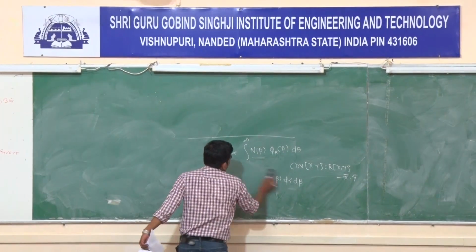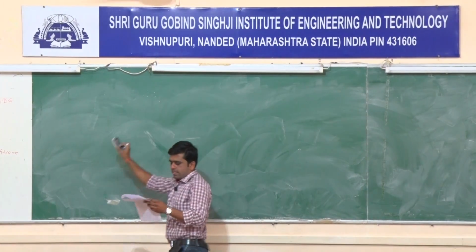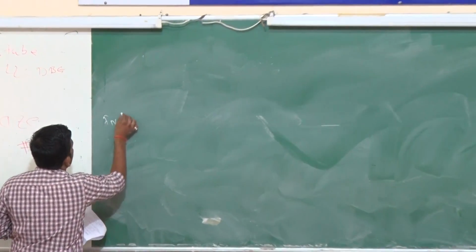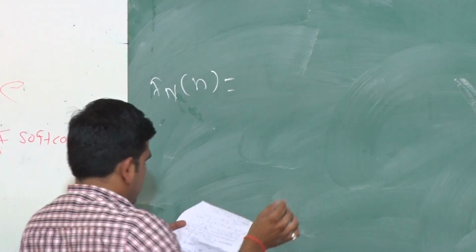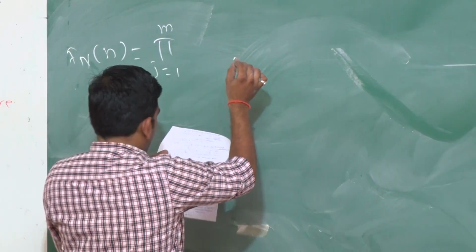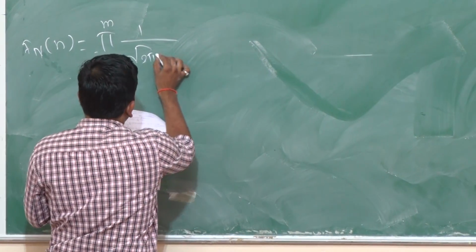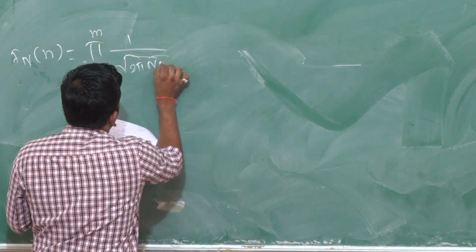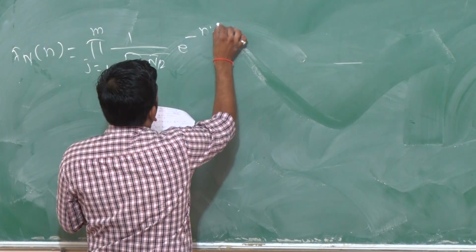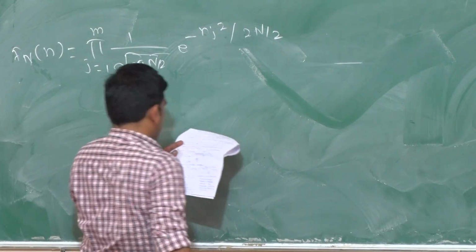Probability density function for noise. This will be given as the product over j equal to 1 to m of 1 by root 2 pi N by 2, e raised to minus nj squared divided by 2 N by 2.